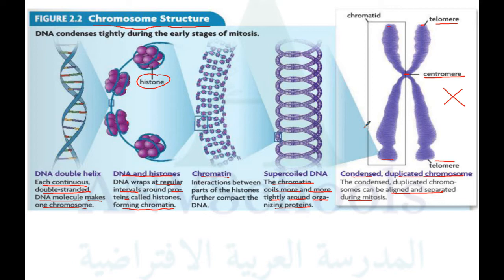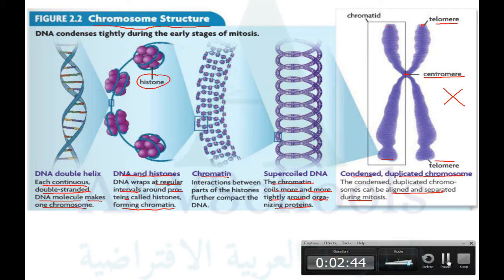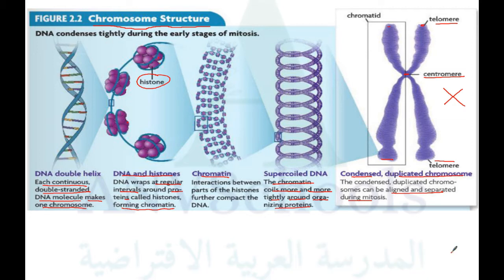One half of the duplicated chromosome is called a chromatid. So this half here is a chromatid. Together, the two identical chromatids are called sister chromatids.